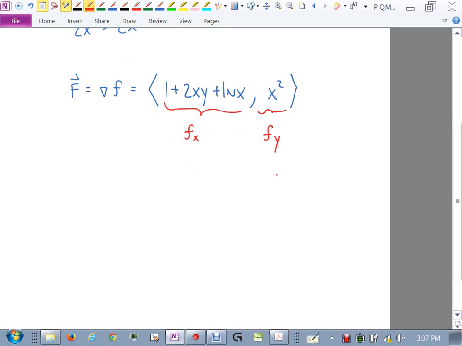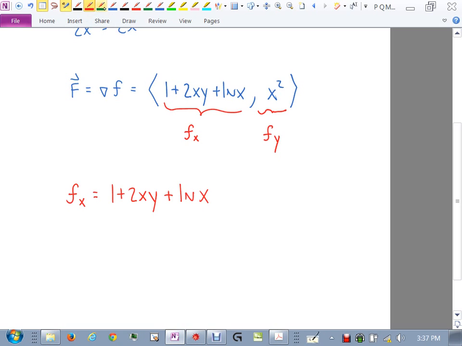So what I'm going to do now is just start with one of those. Partial of f with respect to x is equal to 1 plus 2xy plus natural log x. What I'd like to do now is go backwards from this partial derivative back to where it came from. So I need to integrate this side with respect to what? X, and then integrate this side with respect to x also.